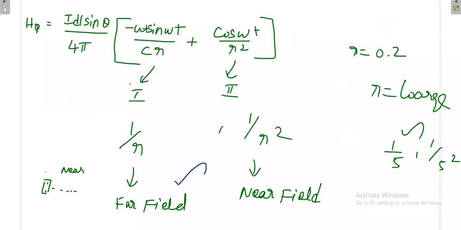Simply omega divided by c r. Then what is the near field value? Simply omega by r square. Here omega divided by c r. Simply take the magnitude and equate them, because sine may be positive or negative, and here also may be positive or negative. We take only the magnitude, omega divided by c r and omega divided by r square. Then we can identify that dividing line.